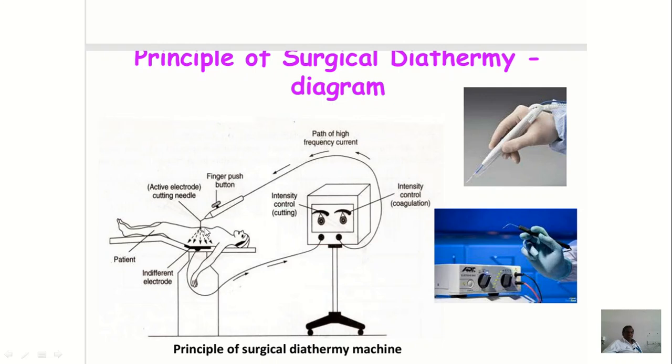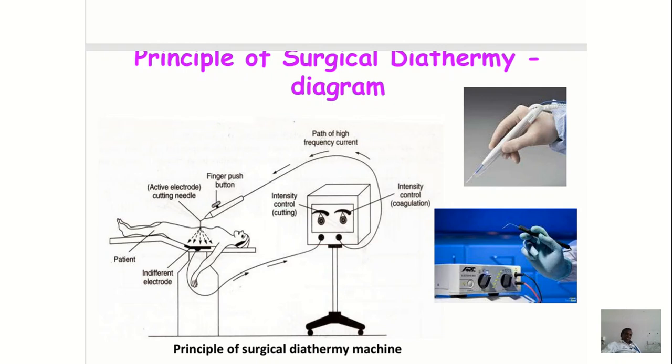It may be for cutting tissue or for coagulation. The current coming to the body should be collected and returned to the equipment. That's why we place a very large plate, called the indifferent electrode, below the patient. The function of the indifferent electrode, also called the patient plate, is to collect the current.